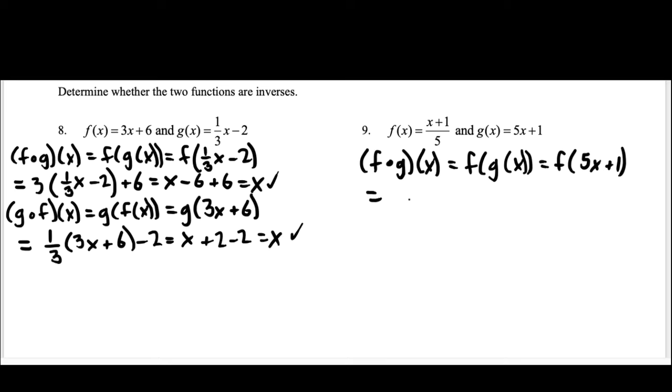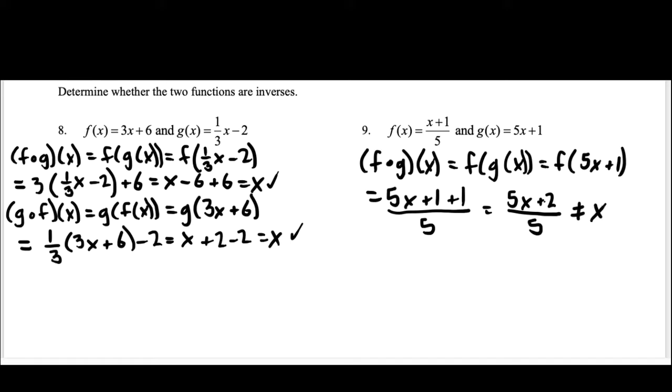So this is equal to 5x plus 1 plus 1, divided by 5, which equals 5x plus 2 divided by 5. And it does not simplify down any farther than this. So this is certainly not equal to x.